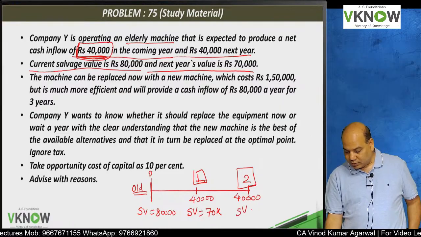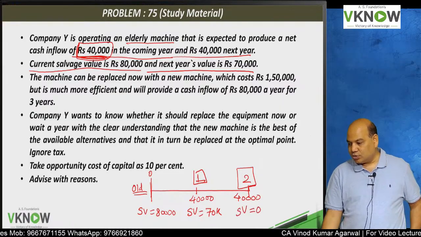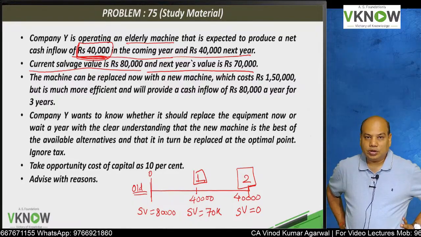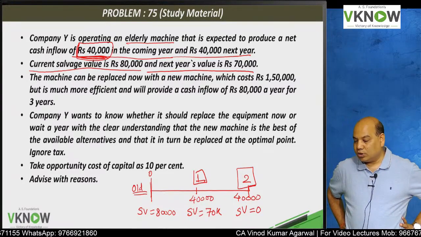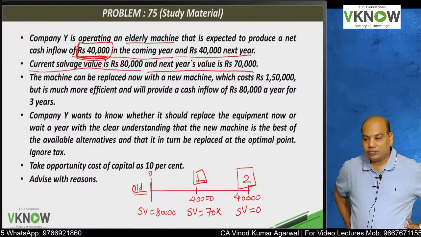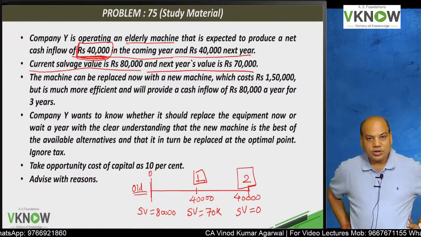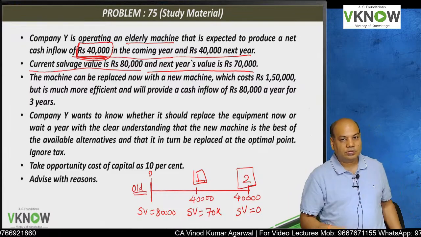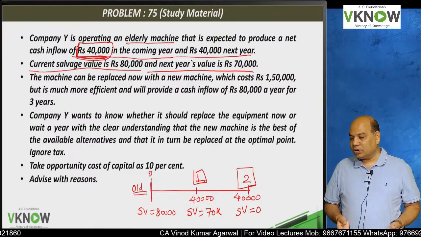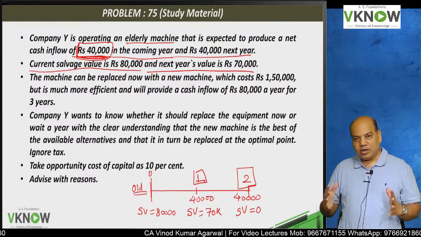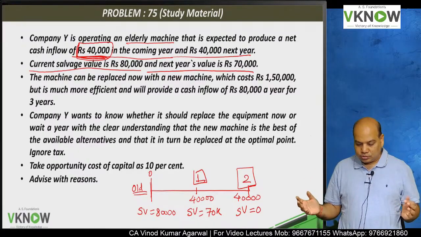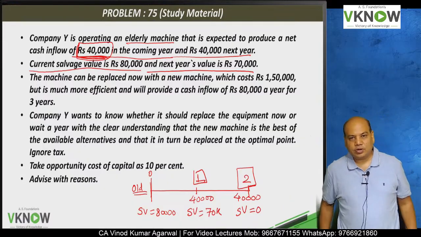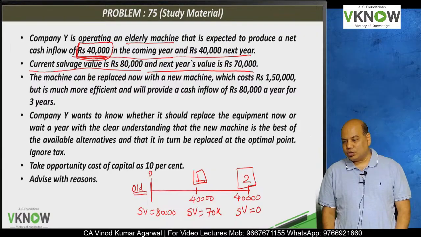If nothing is given, I can assume the scrap value after 2 years is 0, because usually once the asset's life is over, we assume scrap value is 0 if nothing is given.